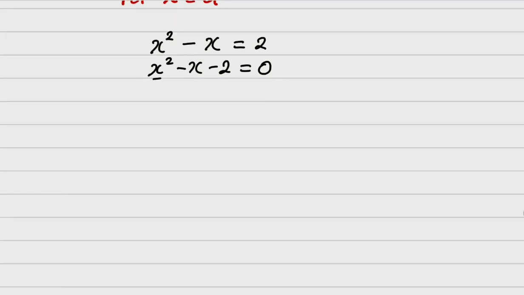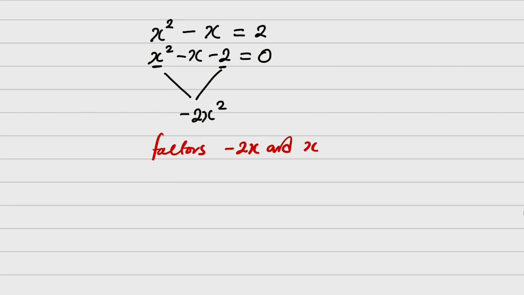We pick this term, we multiply by this term, and what we are going to have is minus 2x squared. So we find factors of minus 2x squared that when we sum give us minus x, and the factors are minus 2x and positive x.